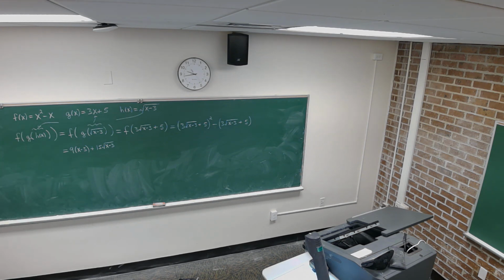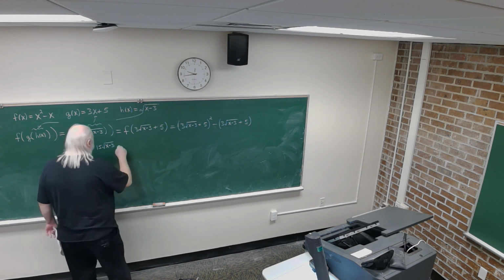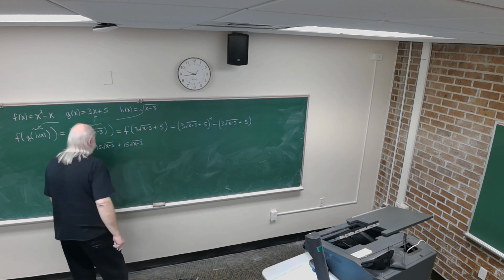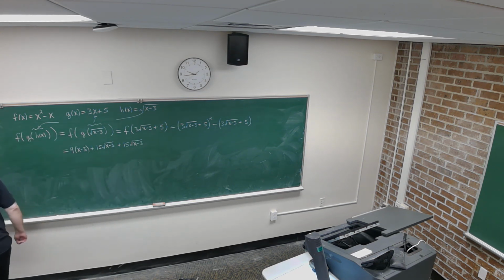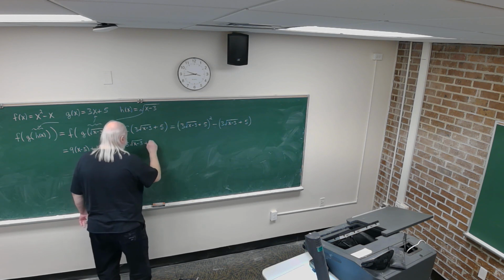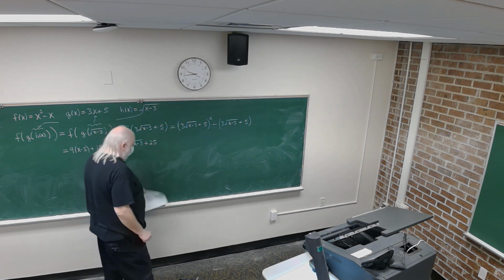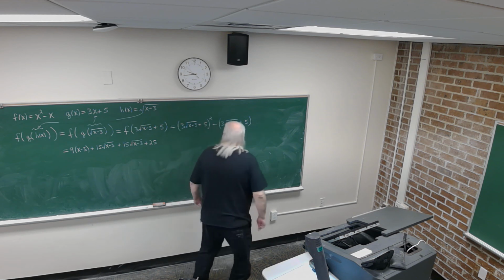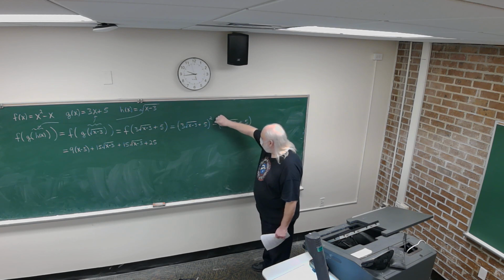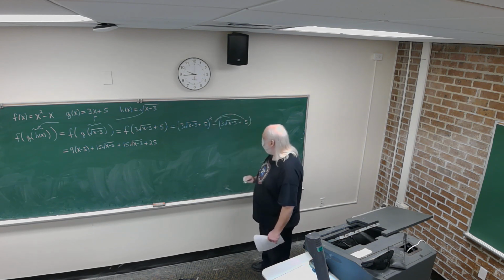And then when we multiply the inner terms, we get the same thing. 5 times 3 times the square root of x minus 3. So we have plus 15 times the square root of x minus 3. And then when we multiply last terms, we have 5 times 5, which is 25. Okay? And then we have minus this in parentheses, so we've got to distribute the minus sign.